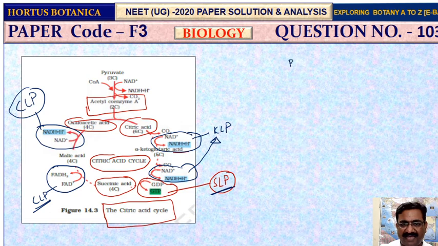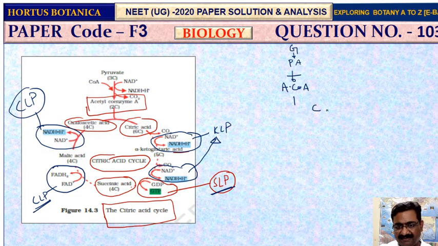We have glucose, and that glucose will form pyruvic acid, this is glycolysis. It will form acetyl coenzyme A, where oxidative decarboxylation will be there, and then there will be citric acid, right?